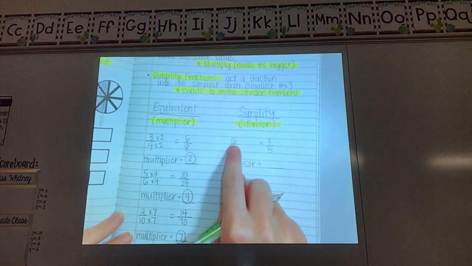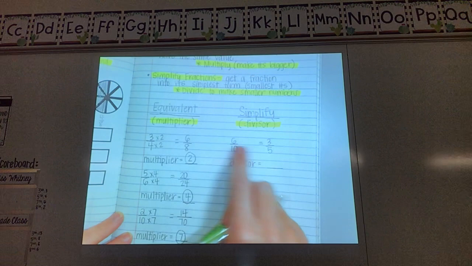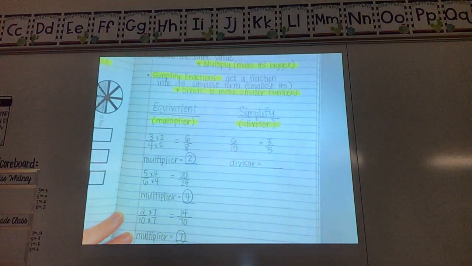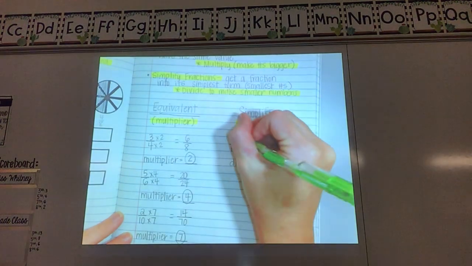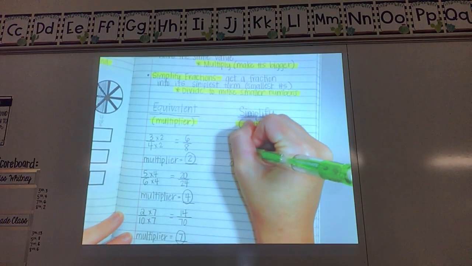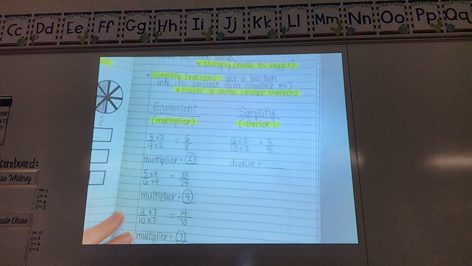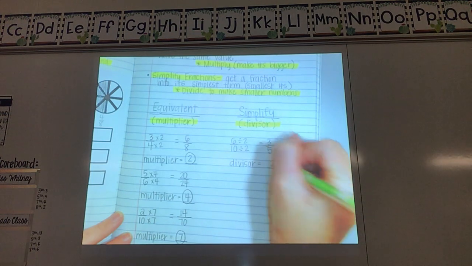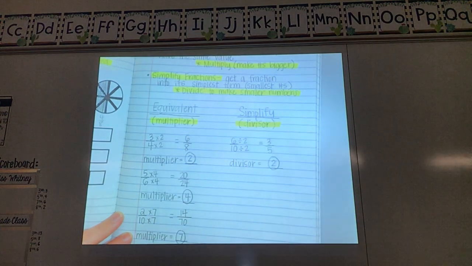Or what would I need to divide 6 by to make it a 3? Hopefully, you said 2. 6 divided by 2 is 3, and 10 divided by 2 is 5. So our divisor is a 2, because that is what we divided by.